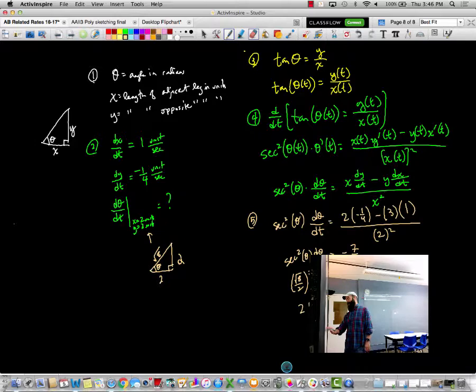So my dθ/dt is negative 5/16. Now, this is a rate of change, and we need to put the units on it as well.